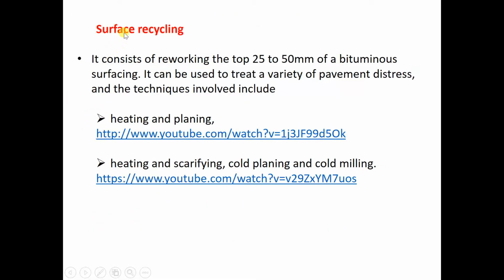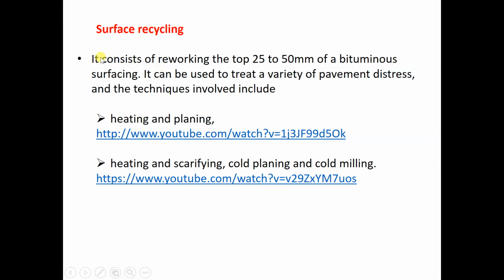So for surface recycling, we have two types. There's a top surface, 25 to 50 mm of bituminous surfacing. This is mainly to recycle the top part.